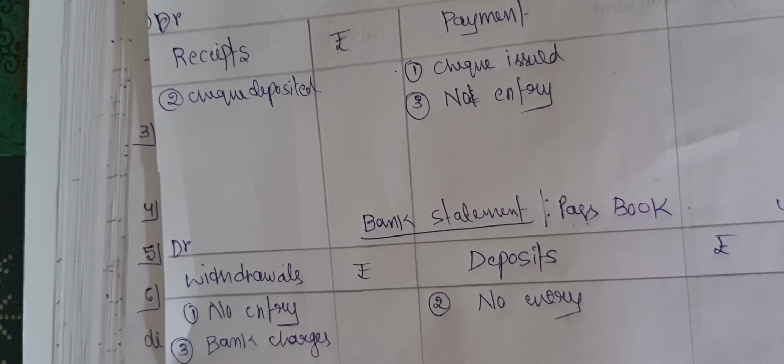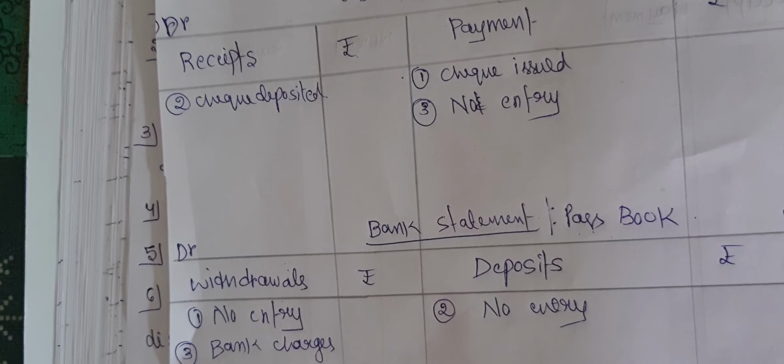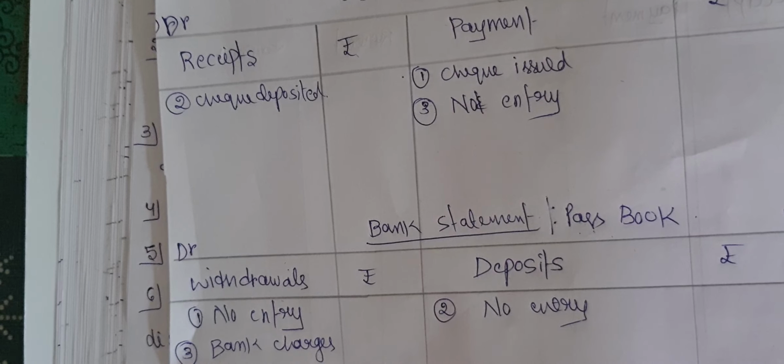Okay, next, second step. After recording of the transaction, what is the second step? Comparison. Compare the cash book and passbook. See here, in the cash book there is no entry because they are not aware of the transaction. In the passbook they debited the bank charges, means they deducted. That is in the withdrawal side it will come. Means here the passbook balance is less than cash book balance, means cash book balance is more and passbook balance is less.